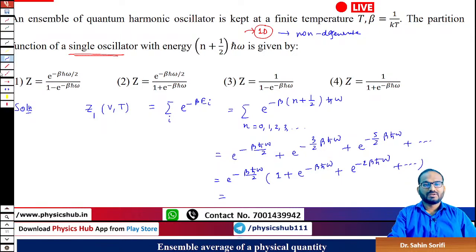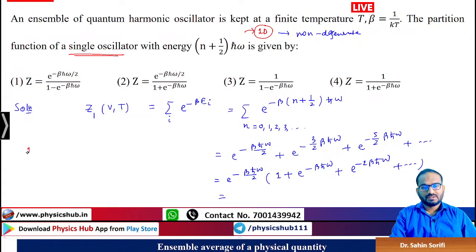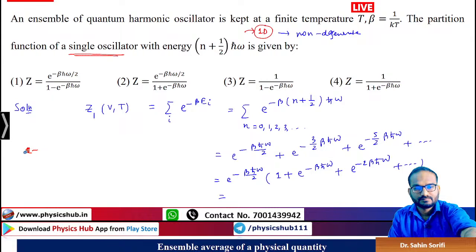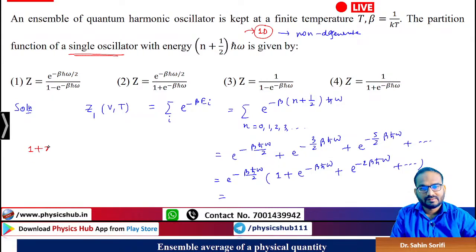And you know a formula that if you have, let's say, 1 plus x plus x square plus x cube and so on, what is this value? This is 1 upon 1 minus x, right?